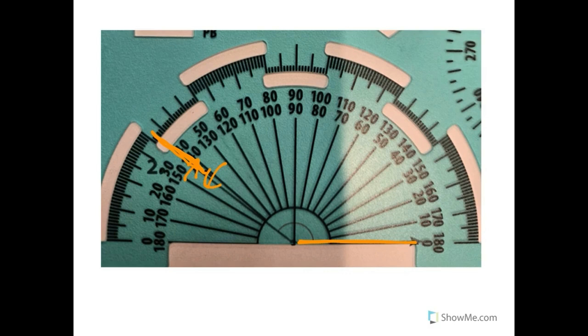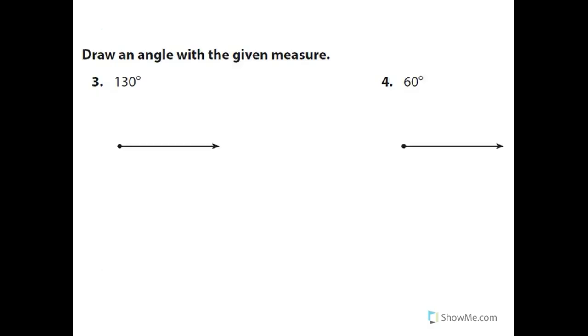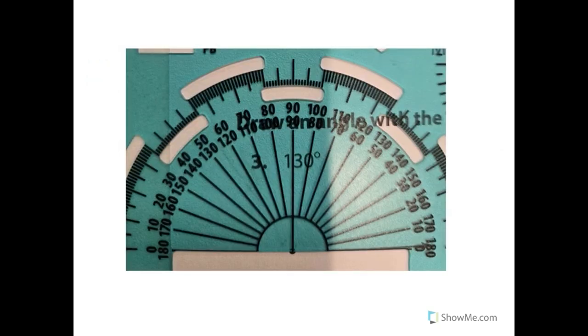Alrighty. Like I said before, drawing an angle is basically the same way, except you're drawing it instead of measuring it. So let's do the 130 first, and let me draw this with some colored lines. I'm going to have the angle here first.